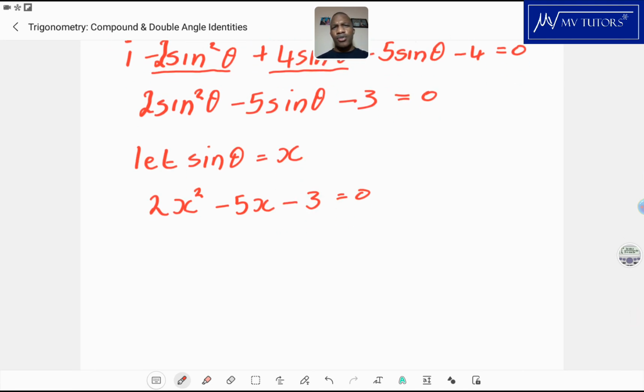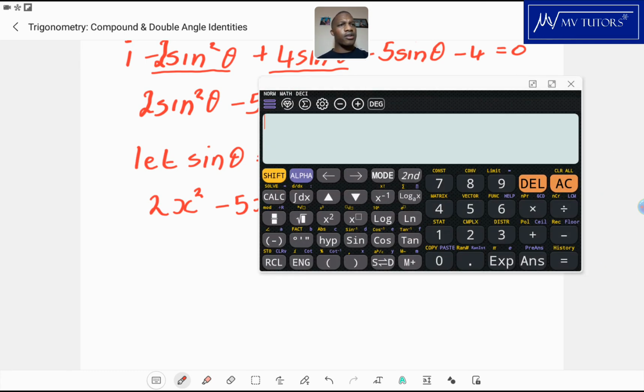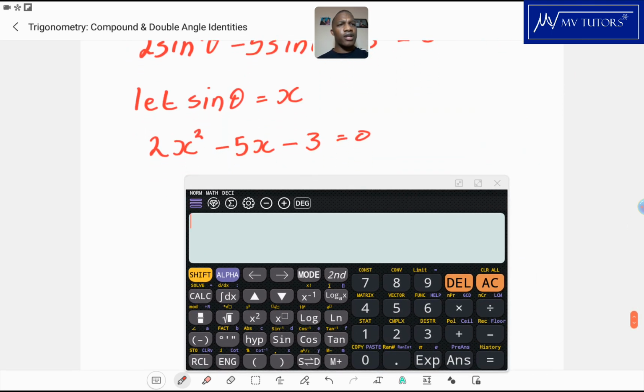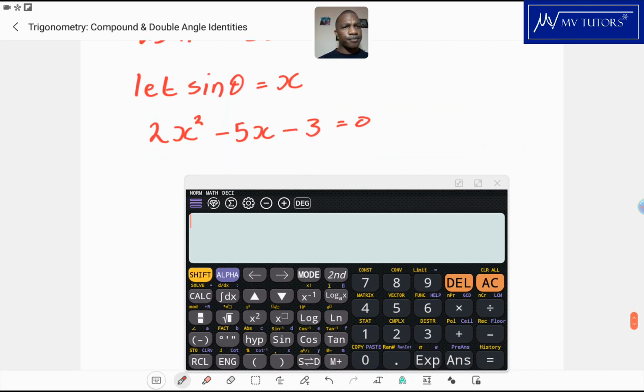Now you can do this however you want, but I'm just going to go to a calculator. You can do this on your calculator as well. You put in 2, and then we need an x, alpha. X is purple, so I got x, and it must be squared.